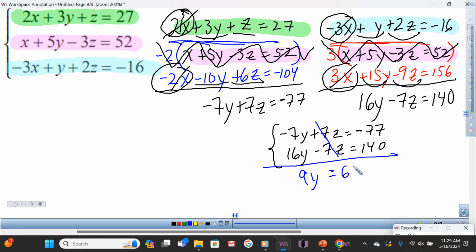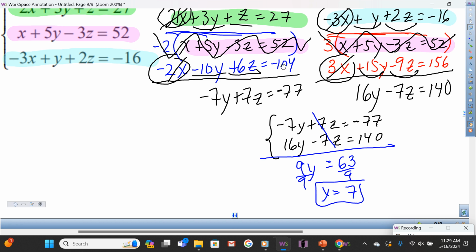Double check my math. Is it? All right. And then at the end we divide by 9, so y equals 7. Are we there so far?